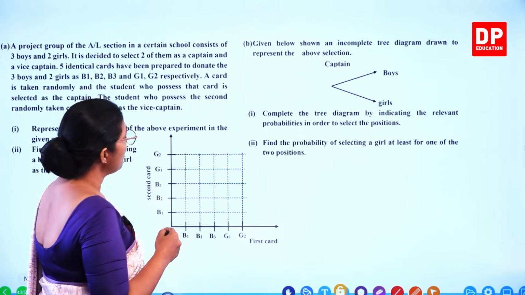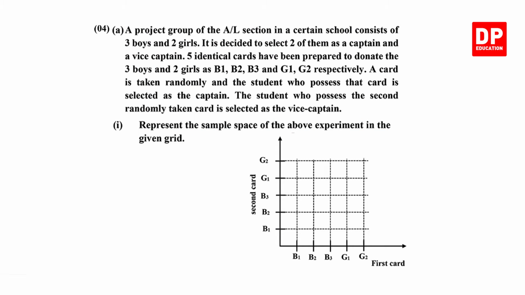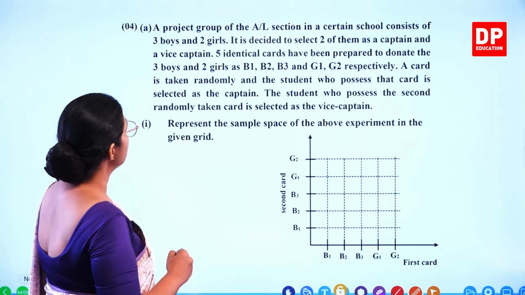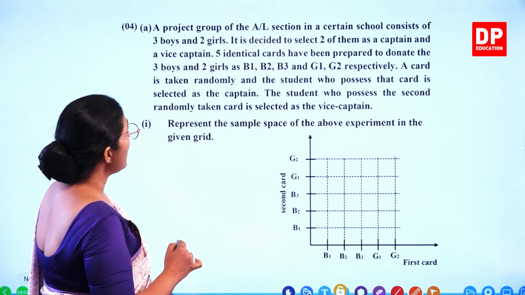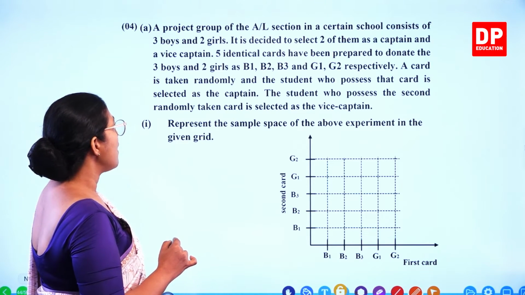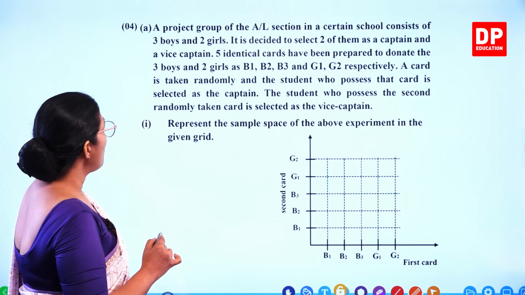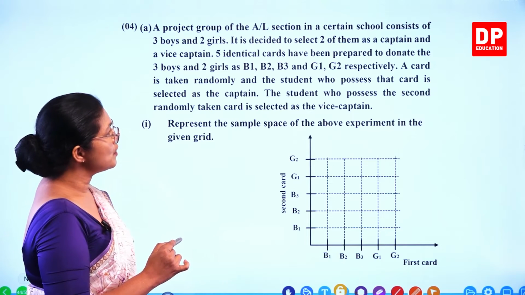Question number 4 is about probability. A project group of the A-level section in a certain school consists of 3 boys and 2 girls. It's decided to select 2 of them as a captain and a vice captain. 5 identical cards have been prepared to denote the 3 boys and 2 girls as B1, B2, B3 and G1, G2 respectively.